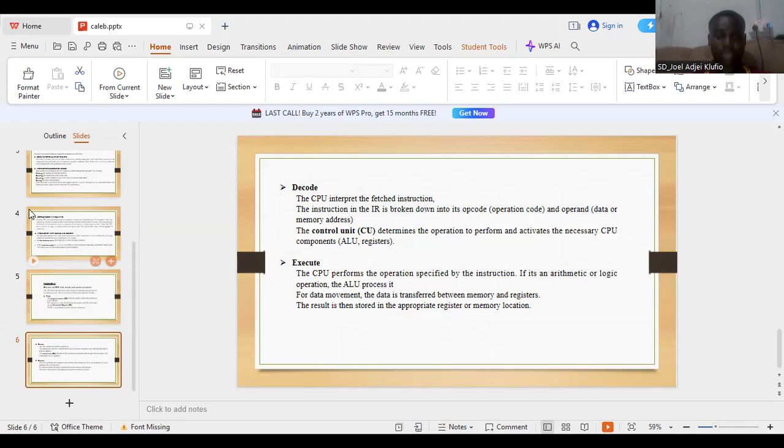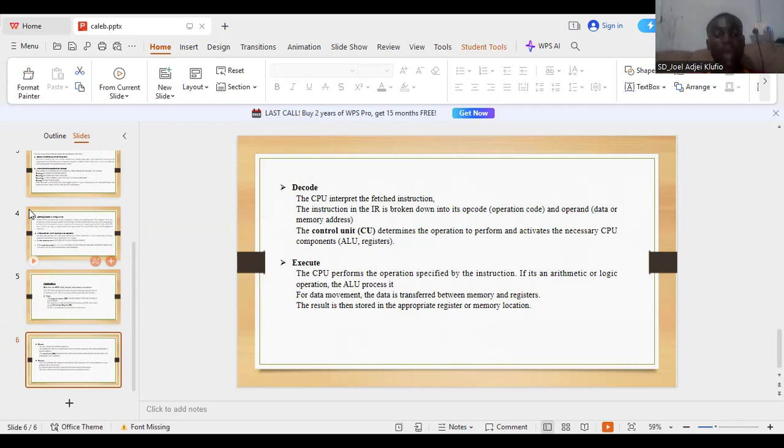The CPU interprets the fetched instruction. The instruction in the instruction register is broken down into the opcode, operation code, and the operand, which is data or a memory address. The control unit determines the operation to perform and activates the necessary CPU components. The control unit normally directs the flow of data in a CPU.